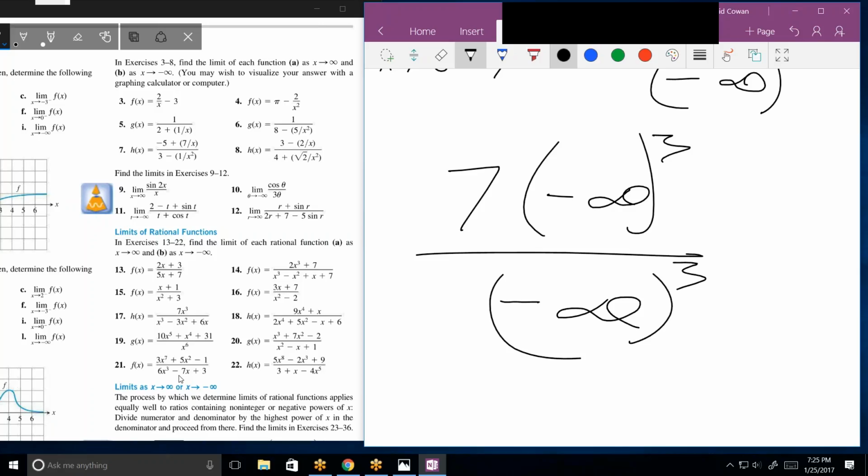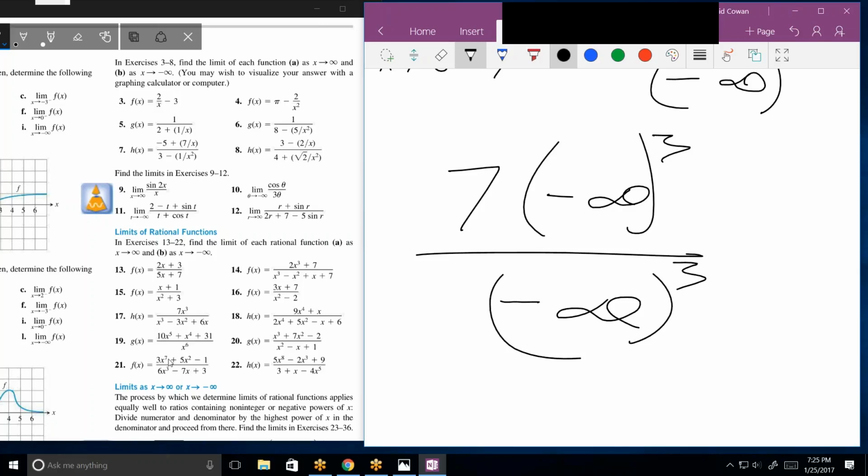It would be x to the 4. When they're the same exponent, they blow up equally, kind of, and that's why it's the ratio of the coefficients. But when they're not the same exponent, it's never the ratio of the coefficients. It's either positive infinity, negative infinity, or 0 if the exponents are different.